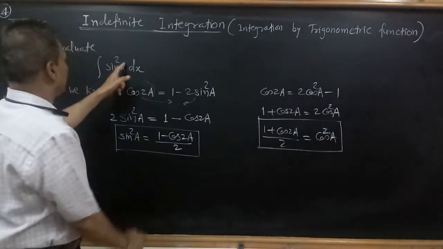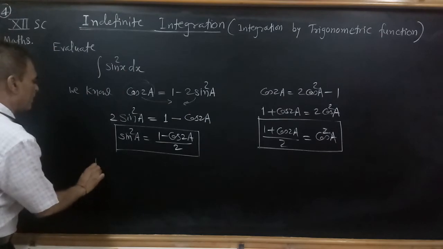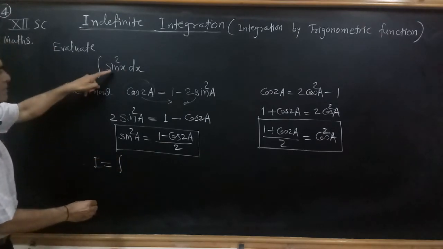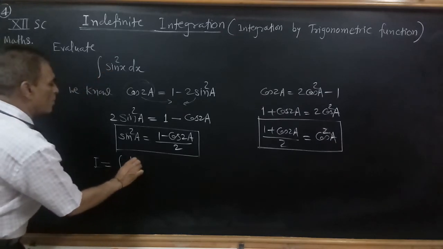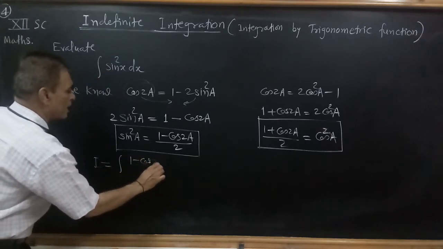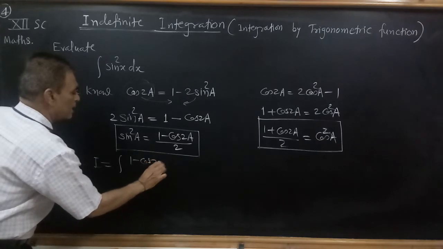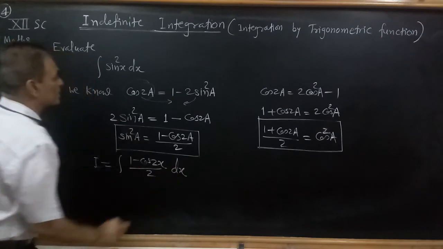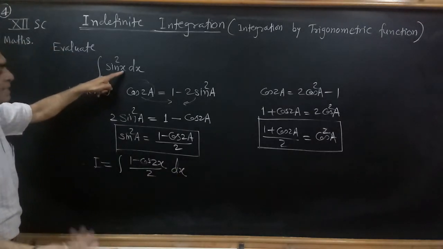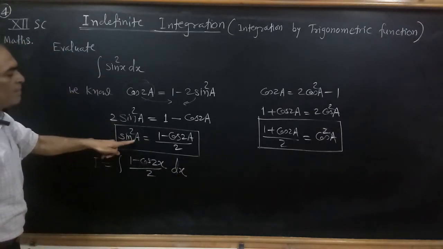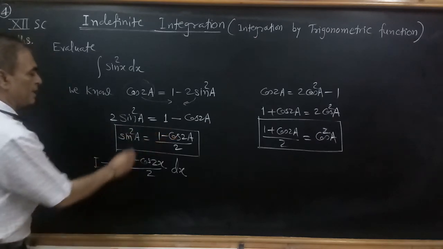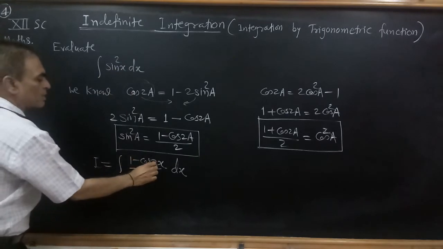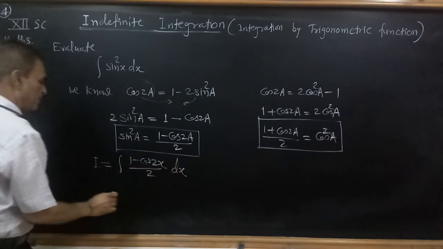Use this formula here. Therefore our integration I equals integration of, replacing sin square, 1 minus cos 2x divided by 2 into dx. Here I am using variable x, and in the formula I have given variable a, angle a. Okay, means sin square x is nothing but 1 minus cos 2x divided by 2 into dx.